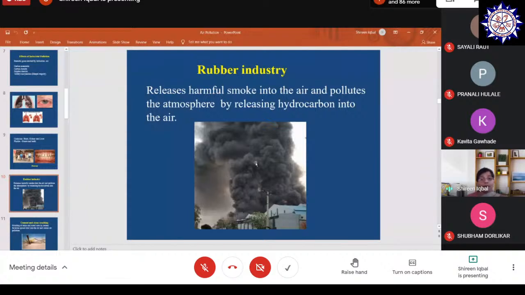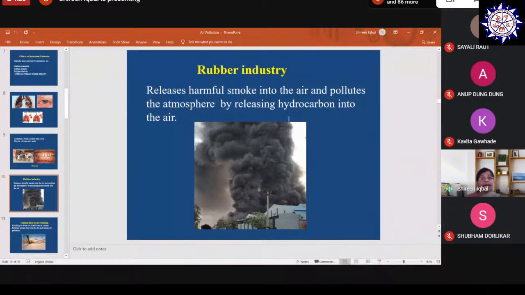So here in the picture also you can see the black smoke emitting out from the industry, and it contains hydrocarbon in the air. और ये भी जो है हाइड्रोकार्बन ये ब्लैक होता है, it also causes the same effect, that it causes the effect on the lungs, in eyes, irritation in throat, and possibility of blocking the respiratory passage because of this smoke as it contains hydrocarbon.